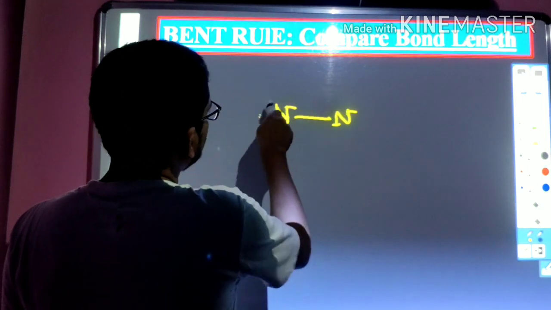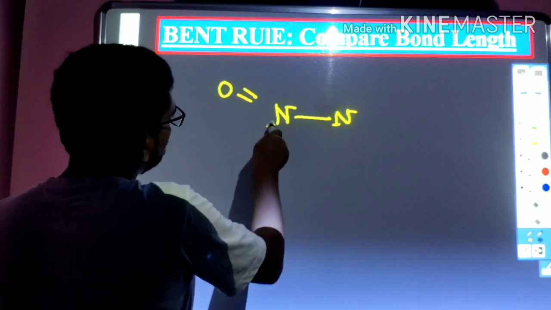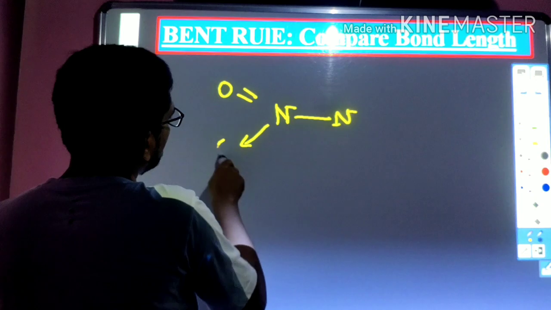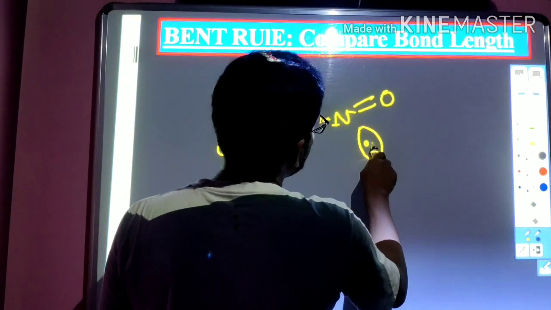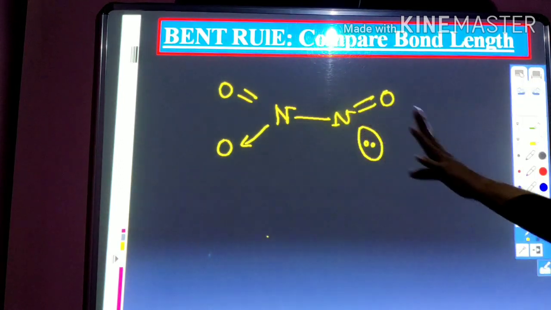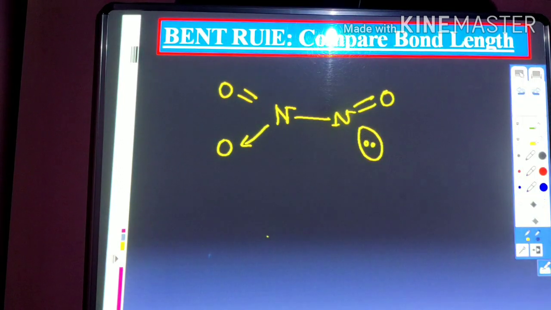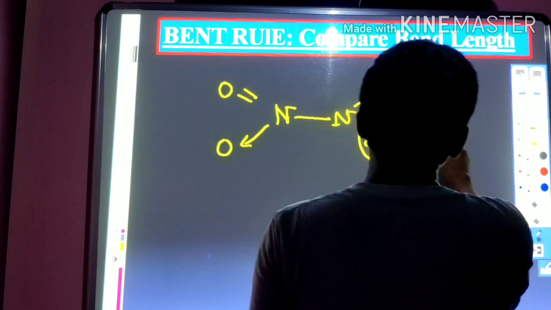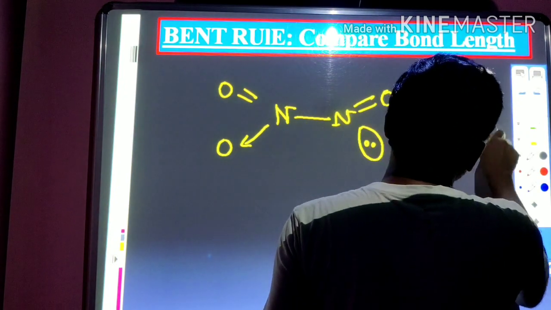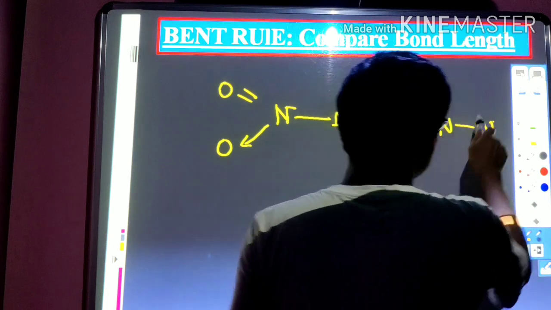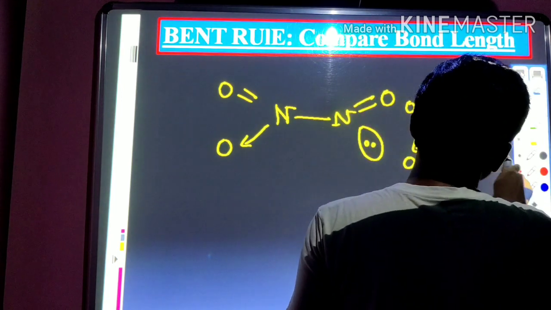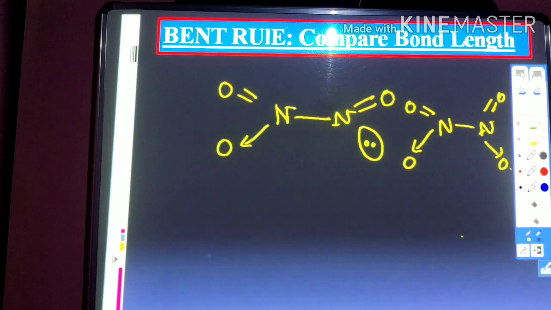Okay, N2O3: double bonded O. This is coordinate bond. This is double bonded, and this is lone pair. This is N2O3. Okay, no problem. Okay. Now N2O4. This is N2O4 with double bonded O, this is coordinate bond, double bonded O, this is coordinate bond. Okay, no problem.